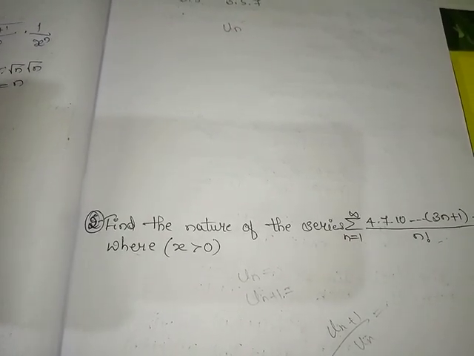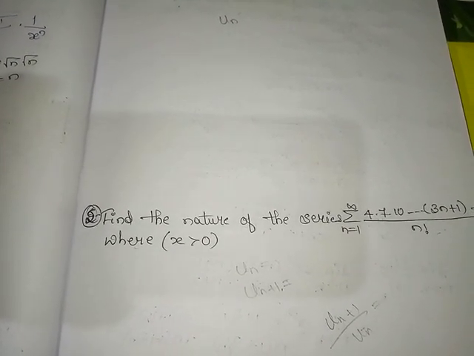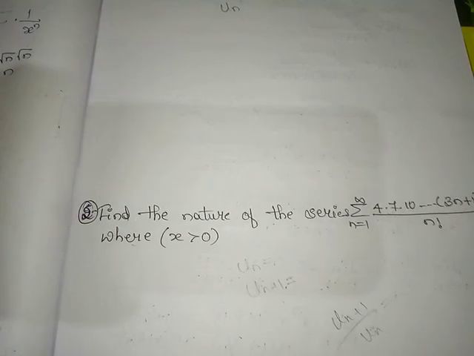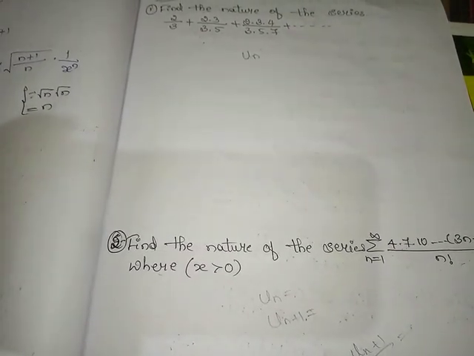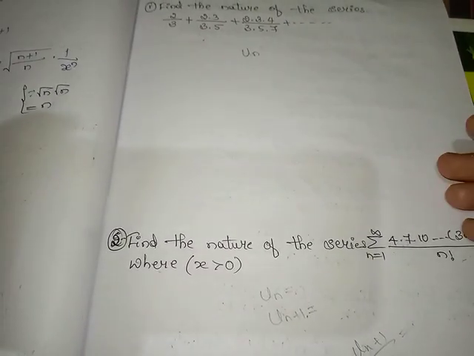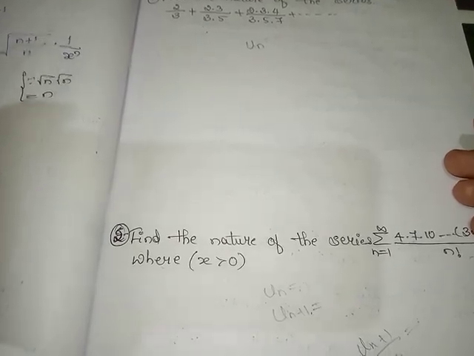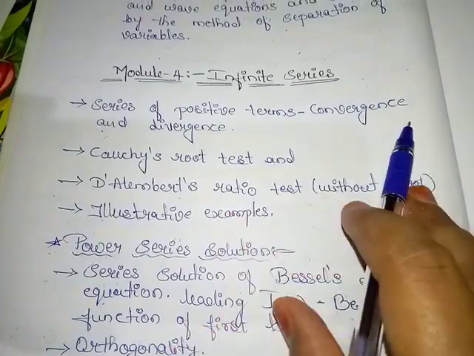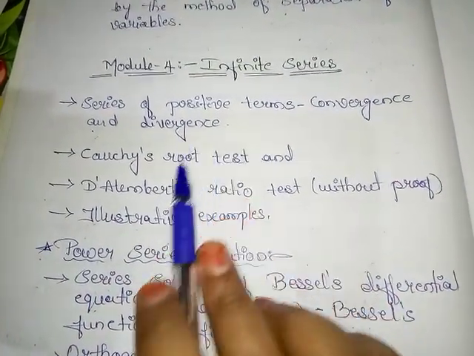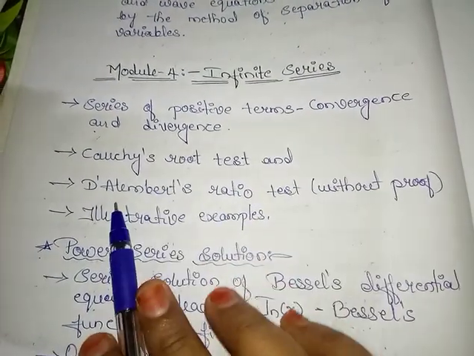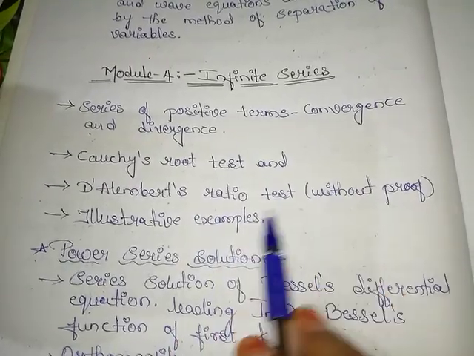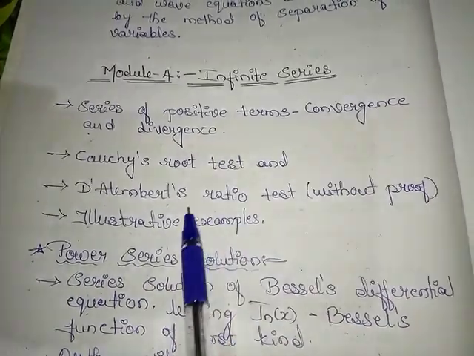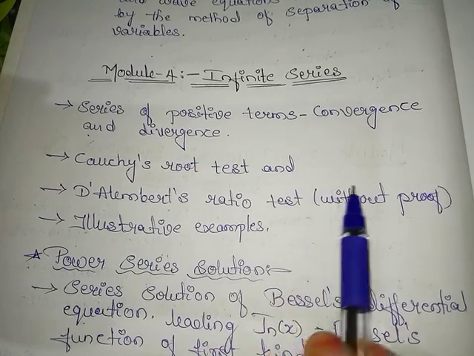Write all the notes of lecture 6. With this we complete the first half of the fourth module. The first half of the fourth module is series of positive terms, convergence and divergence, which is over. Cauchy's root test is over, and D'Alembert's ratio test and illustrative examples on these two tests are over.